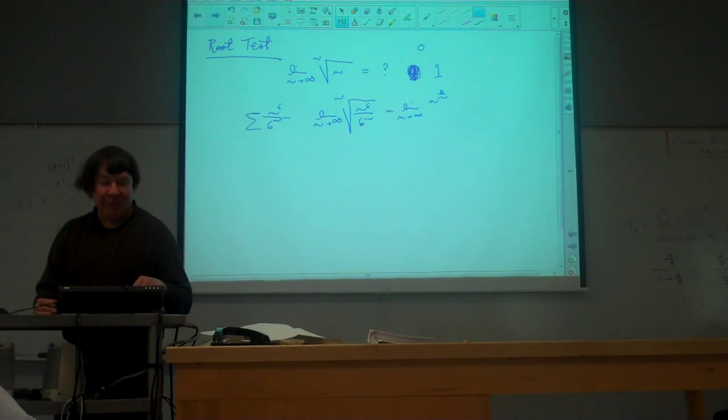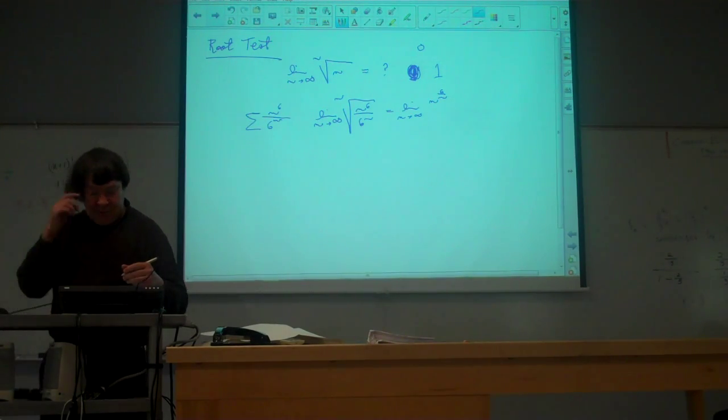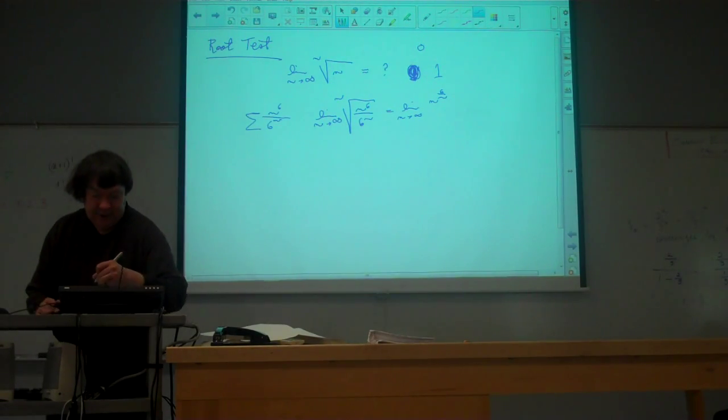Everybody agree with that? The nth root of n to the 6 is n to the 6 over n. Everybody remember that? The square root's 1 over 2 is x to the 1 over 2. And what's the nth root of 6 to the n? 6. Very good.